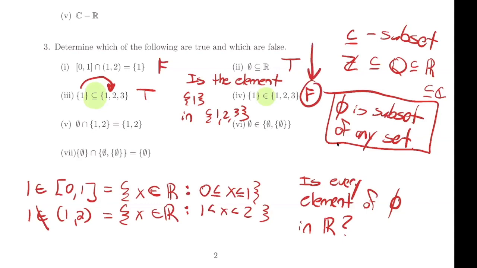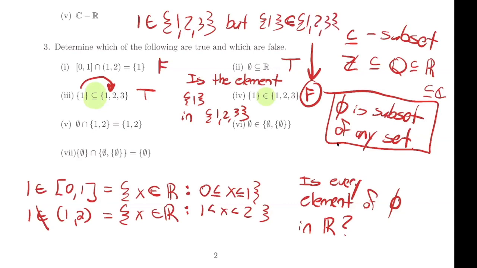You want to be careful, because there's a difference between saying the number 1 and the set that includes the number 1. We would say that 1 is an element of {1, 2, 3}, but the set {1} is not an element of the set that contains the numbers 1, 2, 3. It's just a subtle change in notation, so watch out for that.